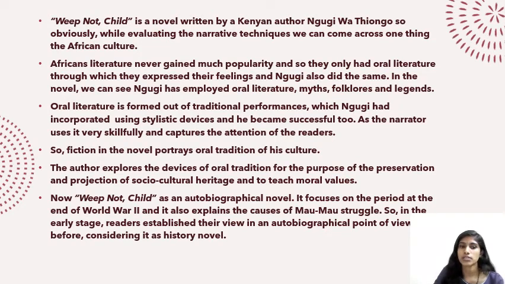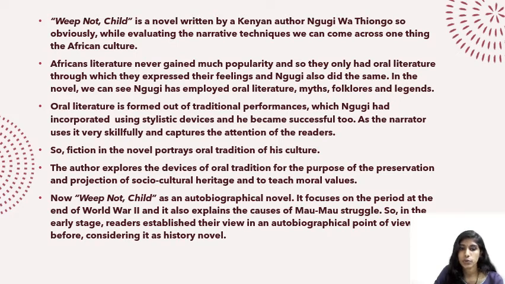In the novel, we can see Ngugi has employed oral literature, myths, folklores, and legends. Oral literature is formed out of traditional performance, which Ngugi had incorporated using stylistic devices, and he became successful too. As a narrator, he uses it very skillfully and captures the attention of the readers. So, fiction in the novel portrays the oral tradition of his culture.